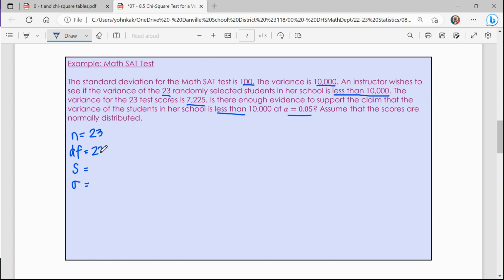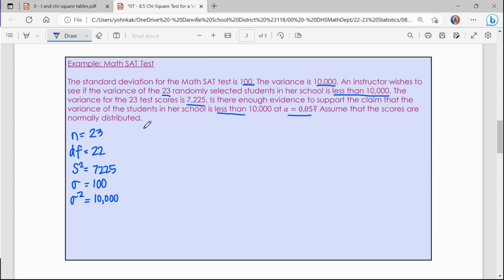Take away 1 gives us degrees of freedom of 22. It tells us that the variance for the test scores, that's your s squared, is 7,225. It tells us that the standard deviation for everything is 100. And then it goes on to say that the population variance is 10,000.